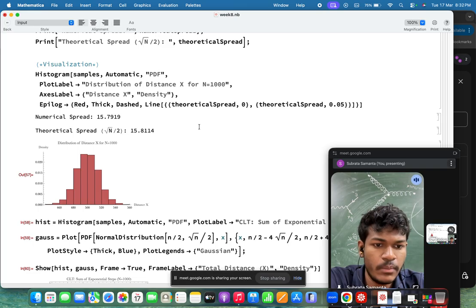I also uploaded the PDF file and the Mathematica files, so you can play with these files and the commands, and if you get stuck anywhere, go to the videos, where I explain in detail. I suggest you go through these, and also the lectures uploaded on the NPTEL portal, and practice more and more.